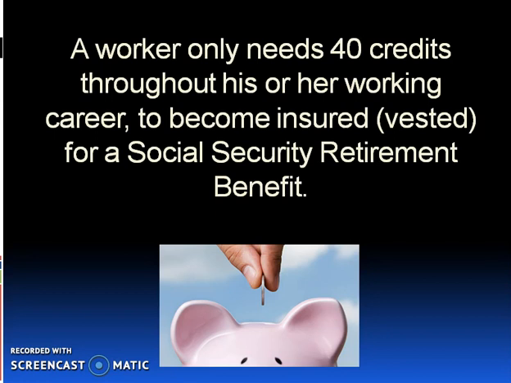That means that for retirement benefits, anyone born in 1929 or later needs 10 years of work, 4 credits per year, for a total of 40 credits to be eligible. So you earn 4 credits per year, and I will get into the details of those in a second.